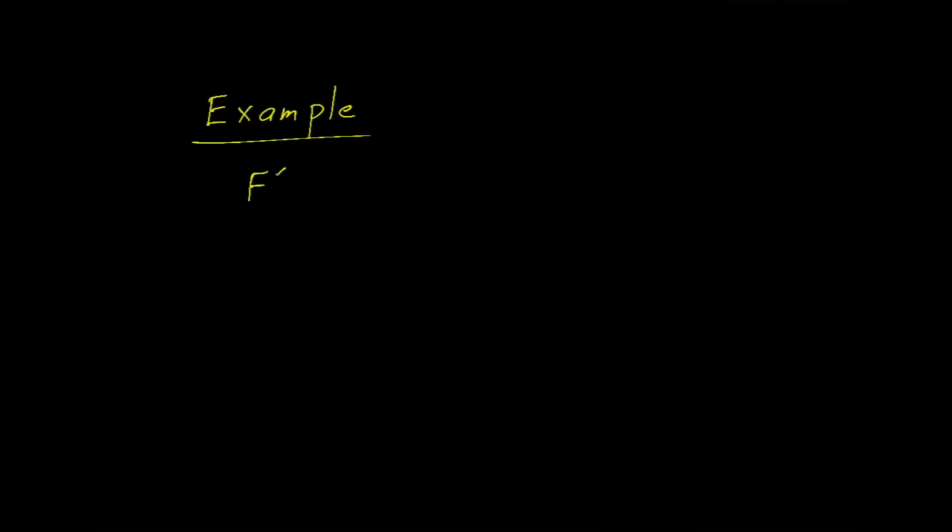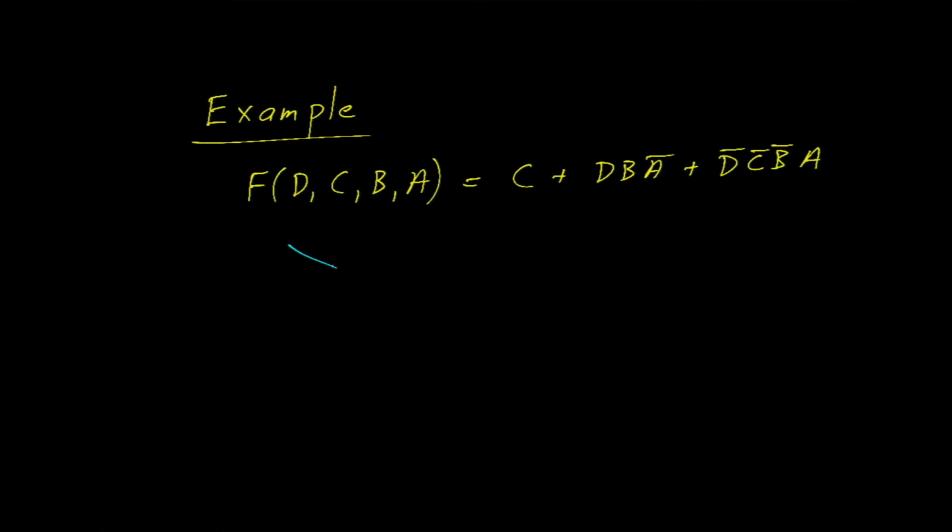Suppose there is a function dCBA described as C or D B A0 or D0 C0 B0 A. Let's go ahead and enter that directly into the K-map and then see if we can come up with the sum of minterms.